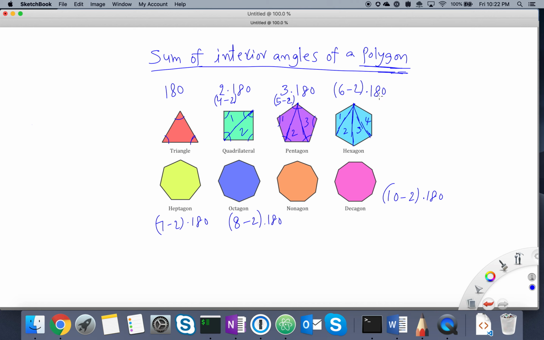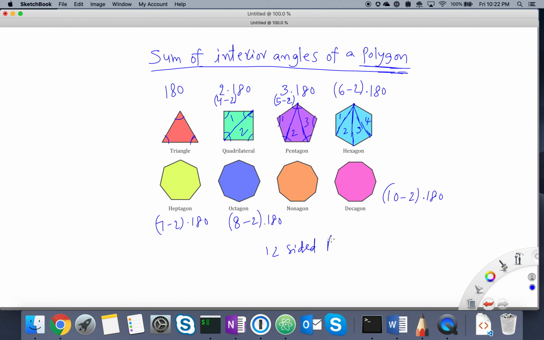Yes, like that. So this is one of the popular test questions, a standard test question in geometry. It's a simple concept, but essentially they might ask you something like, what is the sum of interior angles of a 12-sided polygon?